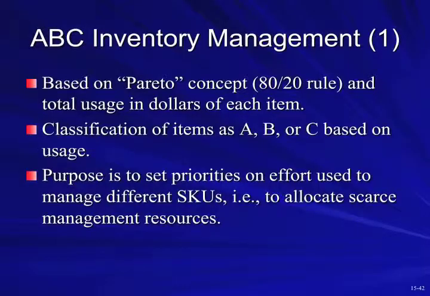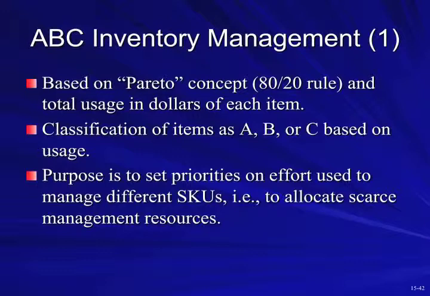One last concept of inventory before we leave this chapter is the ABC inventory management. What it basically does is tell the person using it to break their inventory up into 3 priorities: A priority, B priority, C priority. Usually that's determined based on usage.